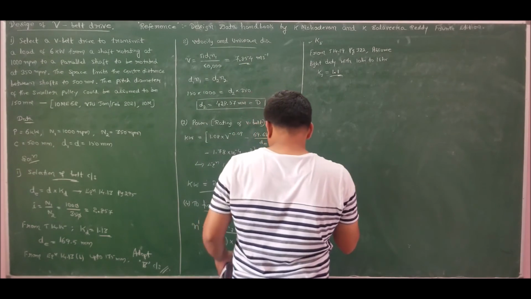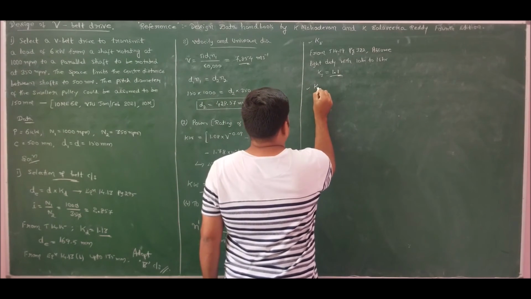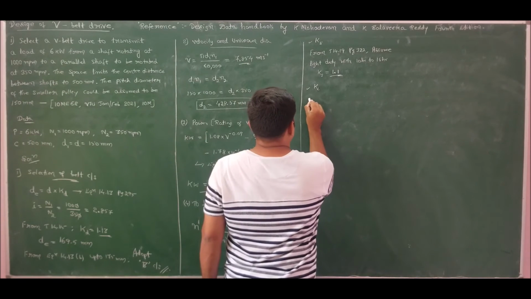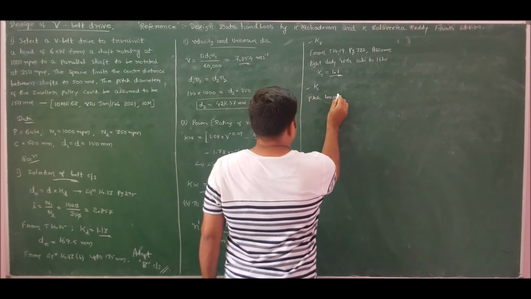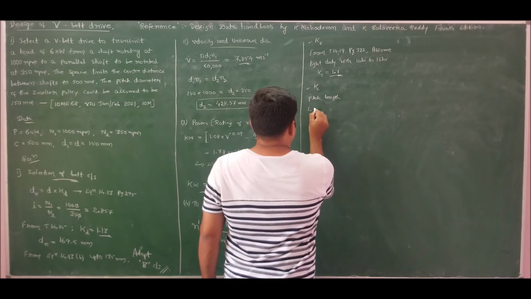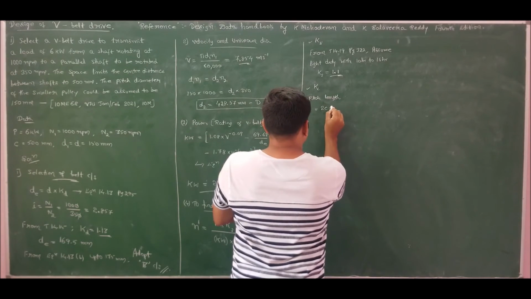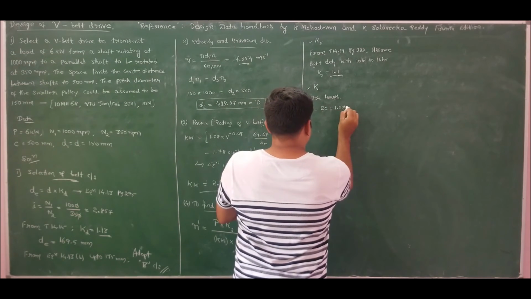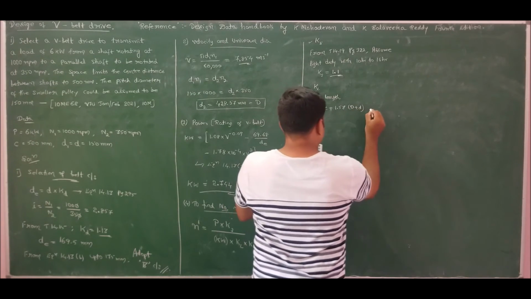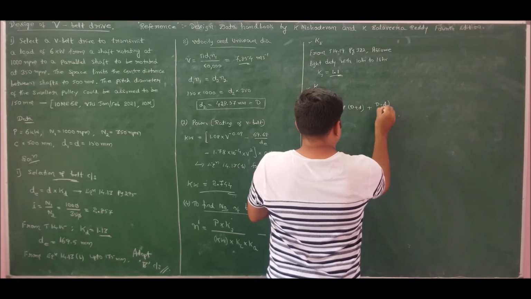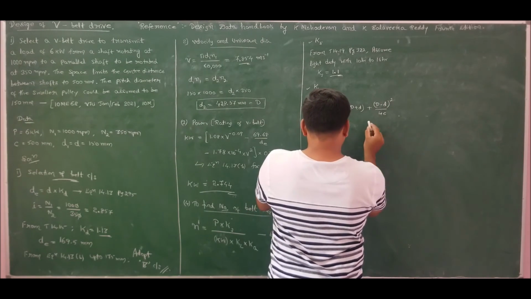Next, coming for calculation of KL, in order to find the value of KL, first I should know the value of nominal pitch length. So therefore find the pitch length. Pitch length L is given by 2C plus 1.57 (D plus d) plus (D minus d) whole square divided by 4C.